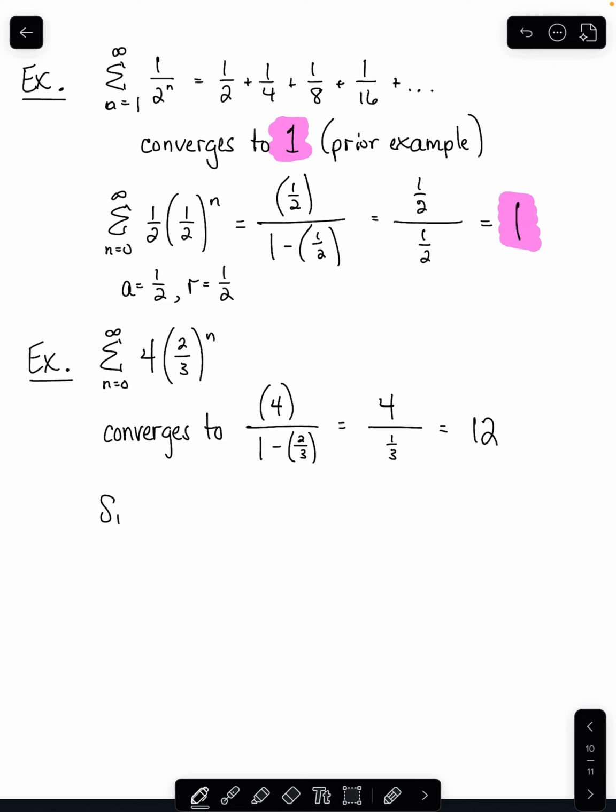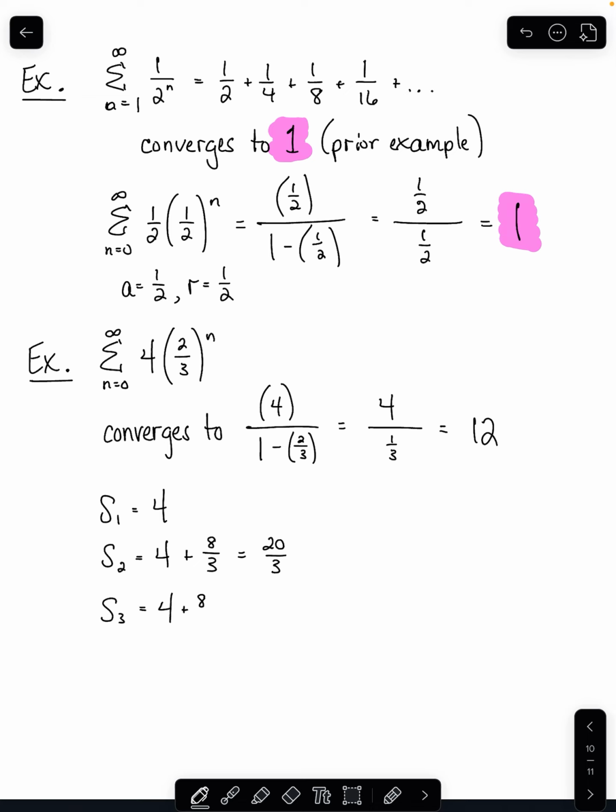So let us begin with s sub 1, which would just be 4, because 2/3 to the 0 is 1. S sub 2 then would be 4 plus the second term of the series, which would be 4 times 2/3 to the first, or 8/3. This would result in 20 over 3.